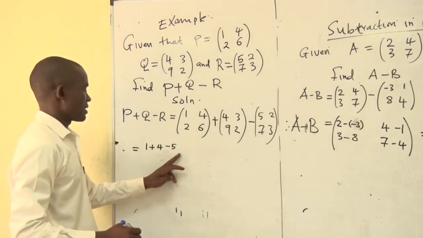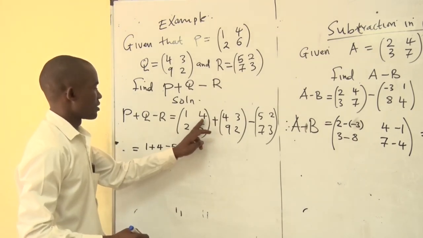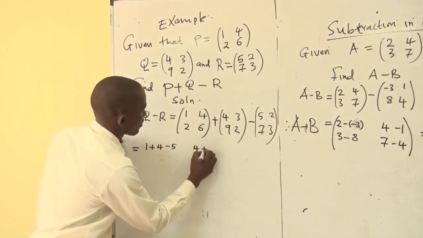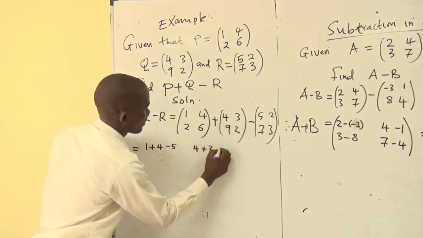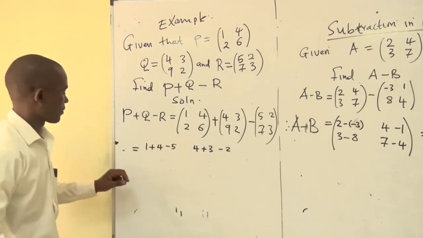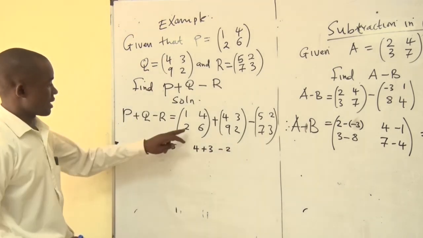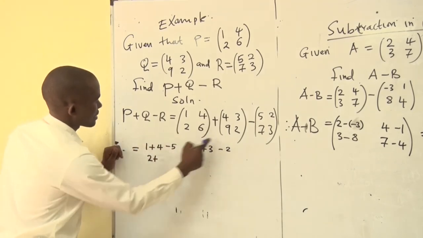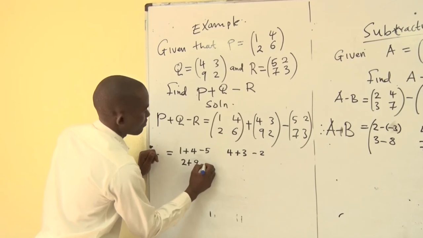You skip some space, take the next one, which will be 4 plus 3 minus 2. You come to the next line where you'll be having 2 plus 9 minus 7.